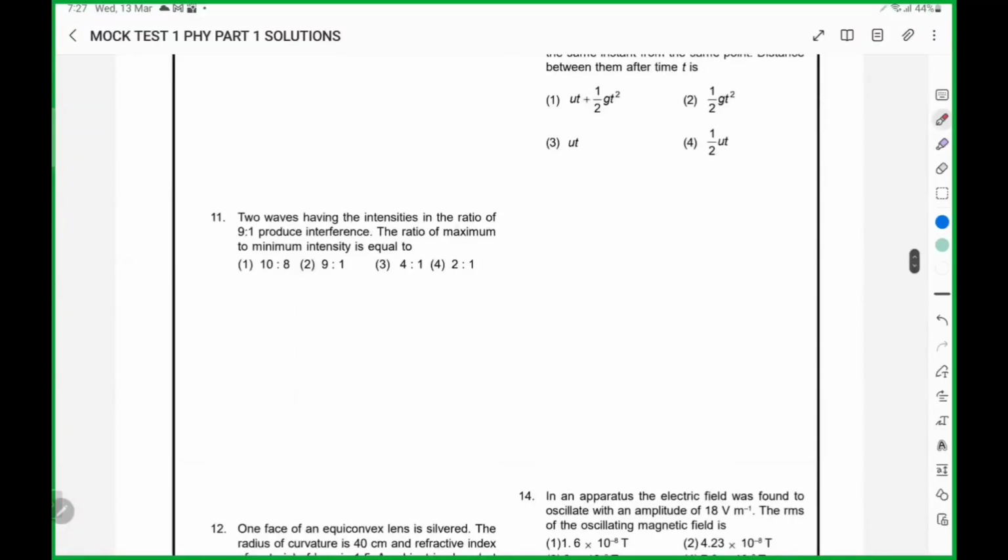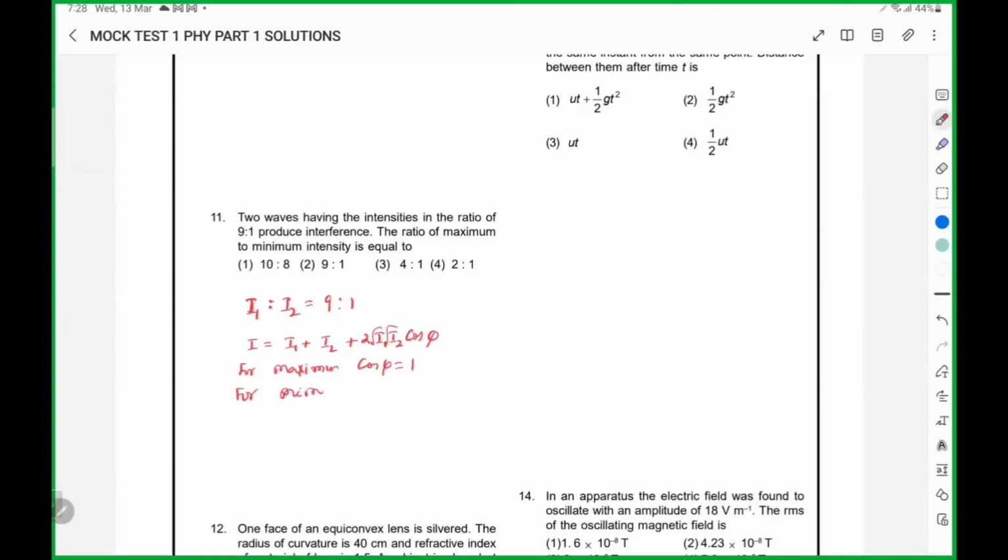Two waves having intensities are in the ratio. If the waves differ by an angle theta, then the effective intensity involves cos phi. For maximum, cos phi is 1.